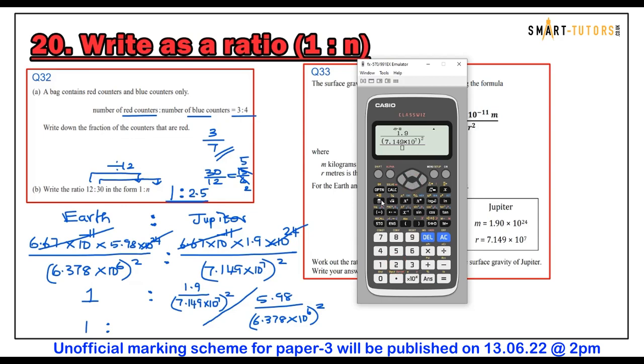And you come to the denominator again, fraction of 5.98 over bracket start 6.378 times 10 to the power 6 and bracket close and squared. That's all you need to do. So press the button. So the answer is 2.52 times 10 to the power minus 3.